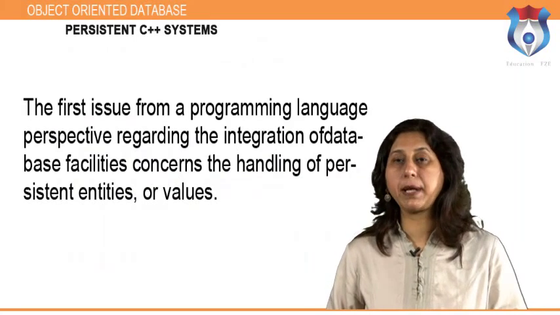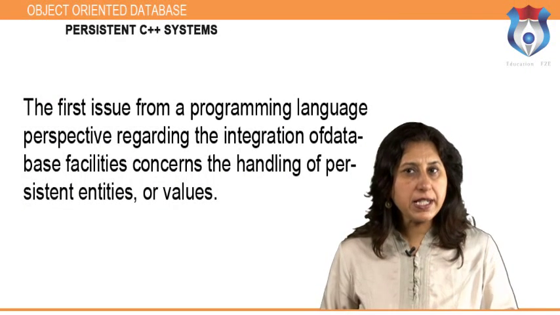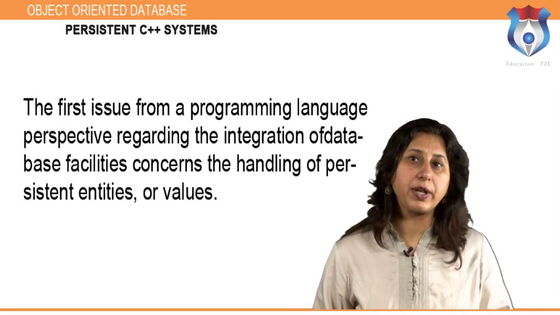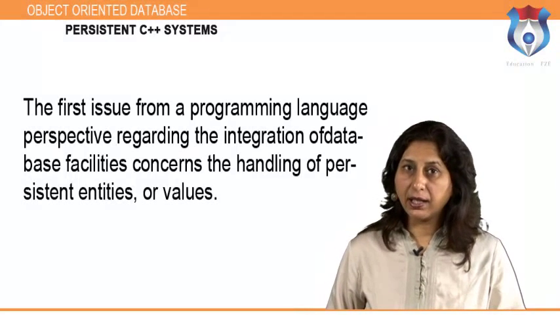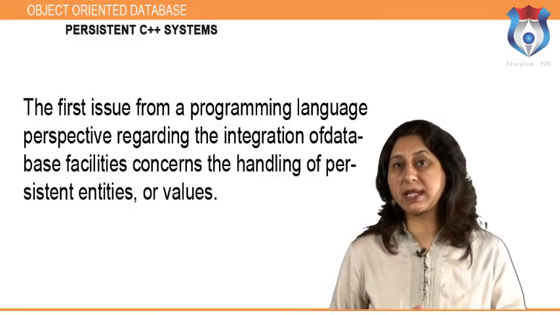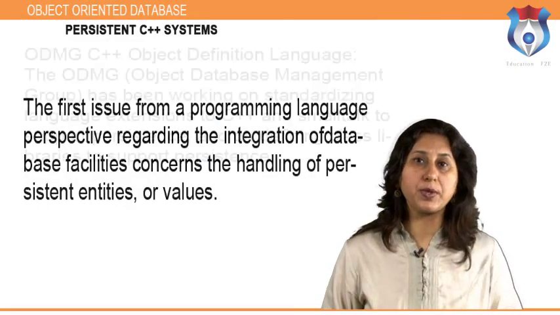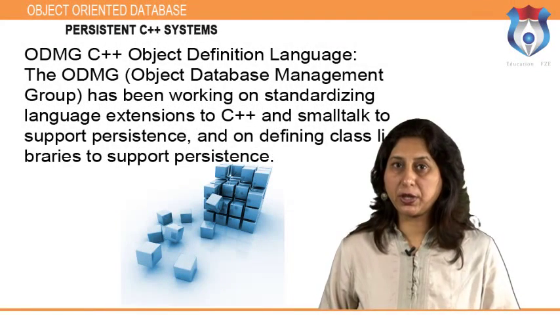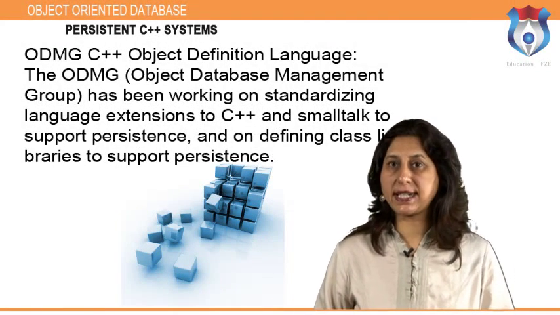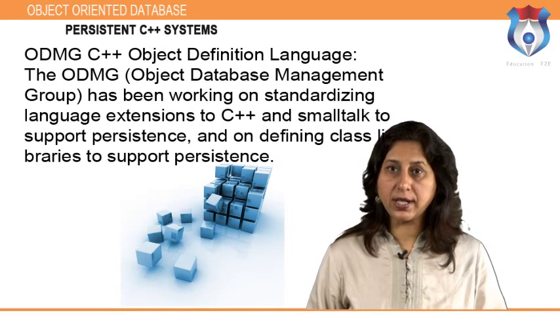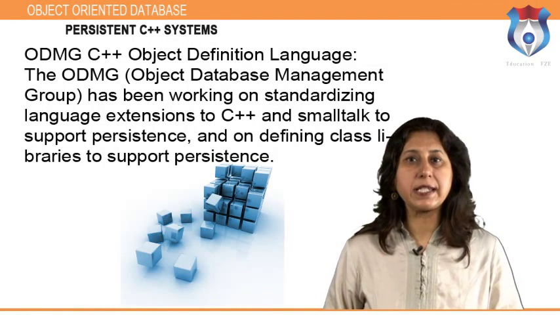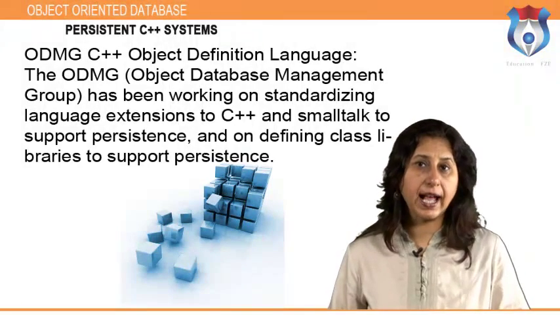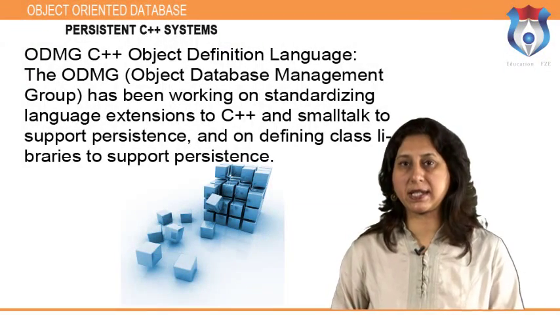Persistent C++ systems. The first issue from a programming language perspective regarding the integration of database facilities concerns the handling of persistent entities or values. The ODMG, Object Database Management Group, has been working on standardizing language extensions to C++ and Smalltalk to support persistence, and on defining class libraries to support persistence.